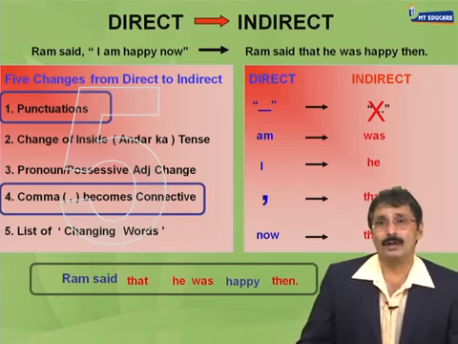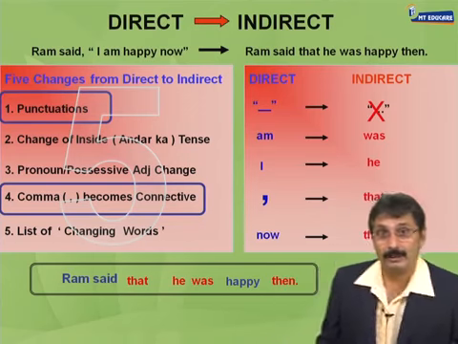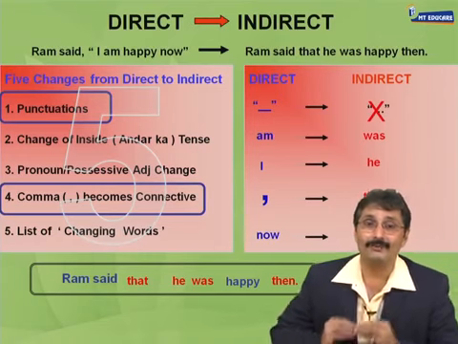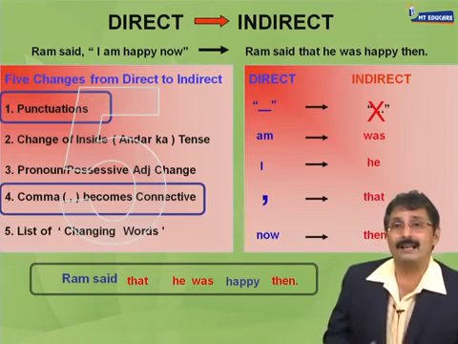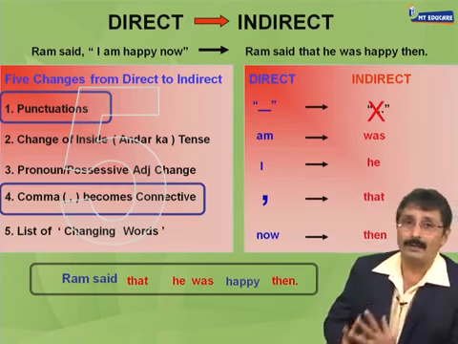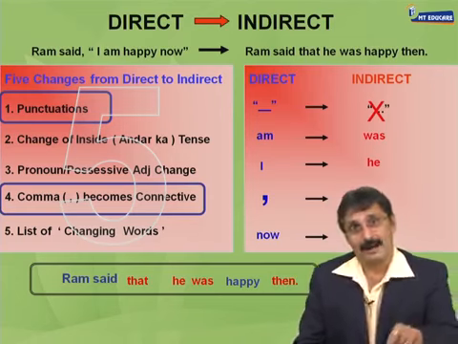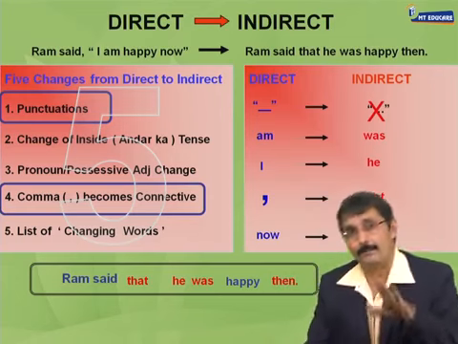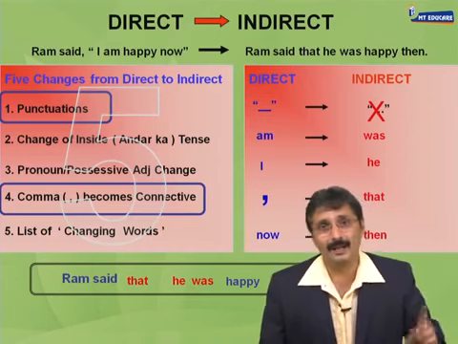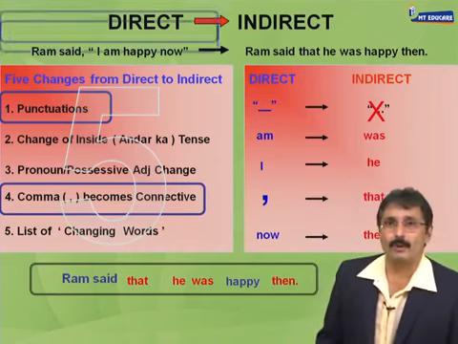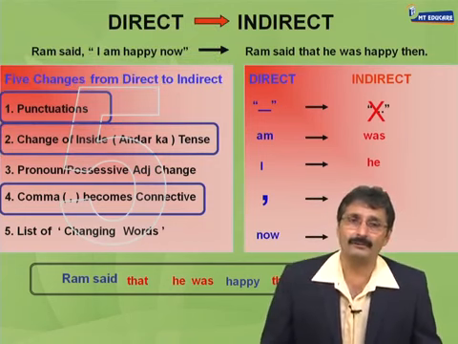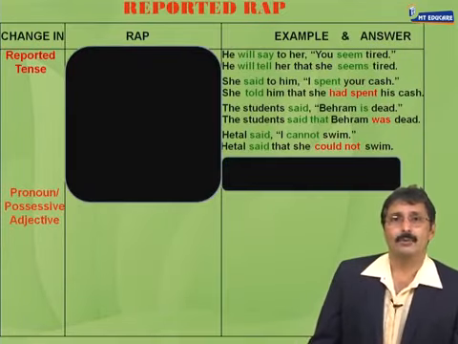We now go to the third change, but on the screen it is change number 2, change of the inside tense, what is known in English as the tense of the reported verb. The tense of the outside verb, the reporting verb, never changes, but the tense of the inside verb, the reported verb, changes. Does it always change? When does it change, and how? That is what we are going to see now.